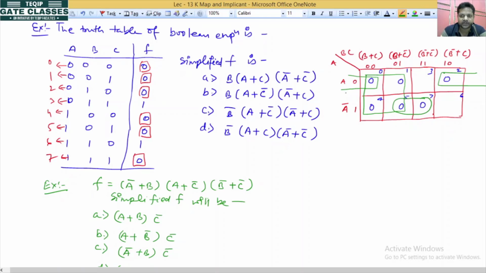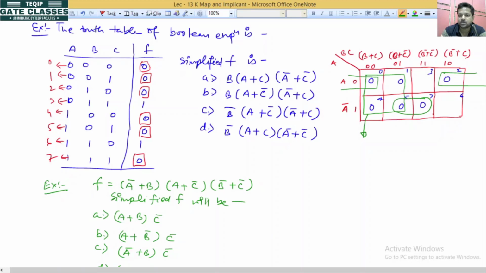So we are going to write the function for each group. For this quad, from the row side, is there anything common? It is A, this one is A bar, nothing is common.